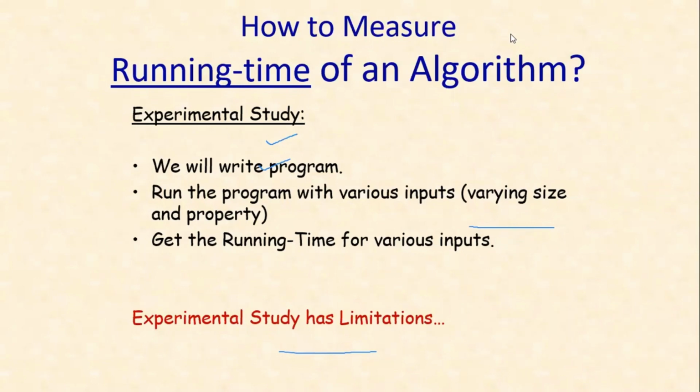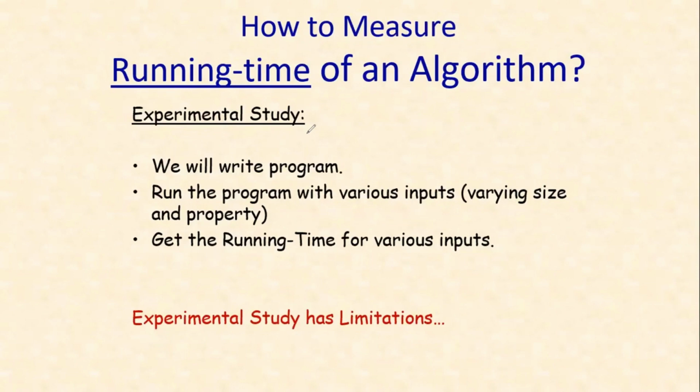By experimental study, we practically implement the program, and after implementing it, we run the program with different inputs. For different test cases, we give different input instances, changing the size of the inputs and the various properties of the inputs.